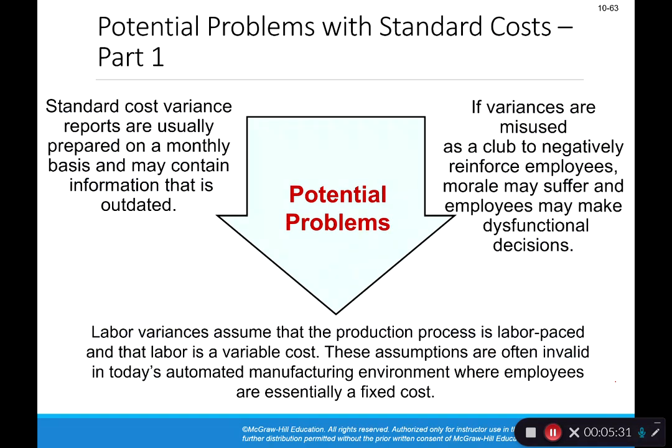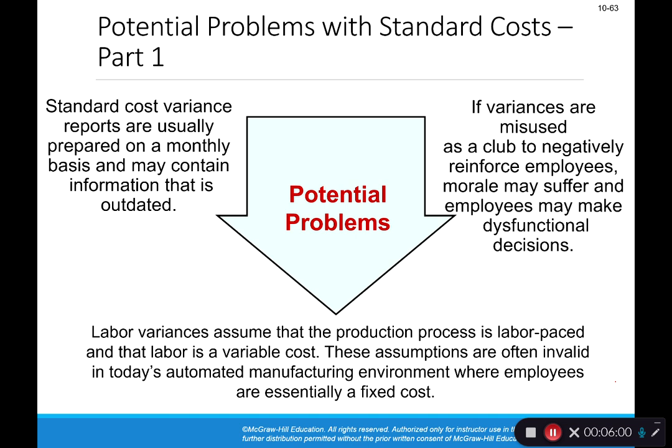What are some problems? Standard cost variance reports are usually prepared on a monthly basis and may contain information that's outdated. So it might be too late to make changes as a result, at least in the current month. Variances can be misused, and you can yell at one employee when it's not their fault. For instance, you could say to the production manager that they did a poor job because they had an unfavorable quantity variance, when in fact it's because the purchasing manager bought poor-quality goods.